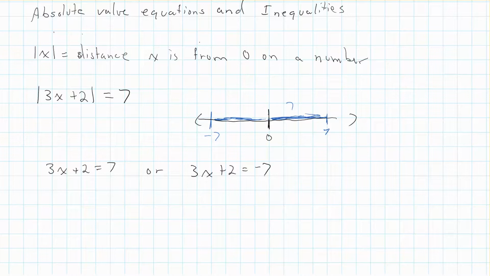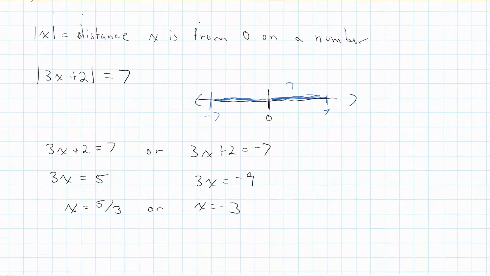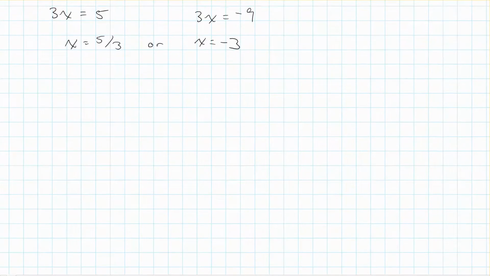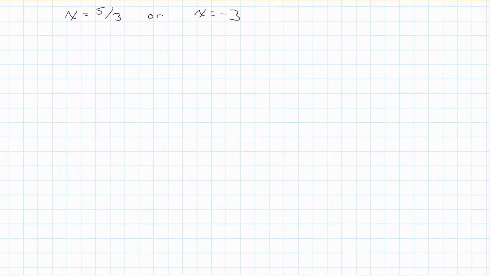So we have 3x, subtracting 2 from both sides, is equal to 5. I'll solve them both at the same time, and so we'd have 3x is equal to negative 9. Divide both sides by 3 and we get x is equal to 5/3, or x is equal to negative 3.